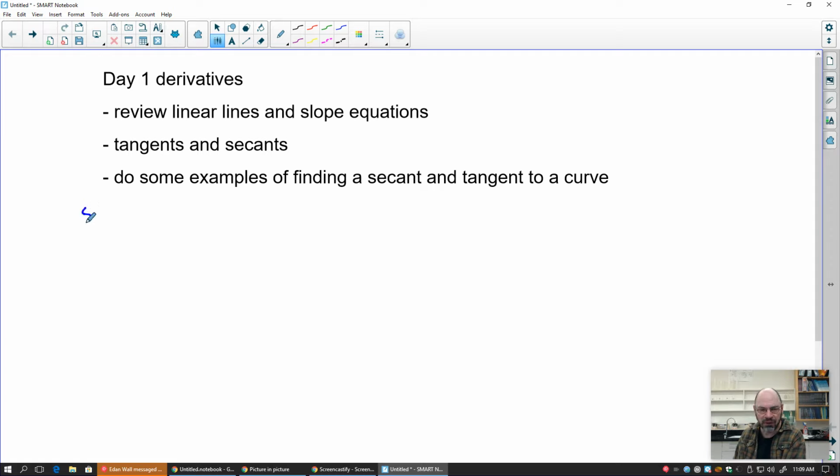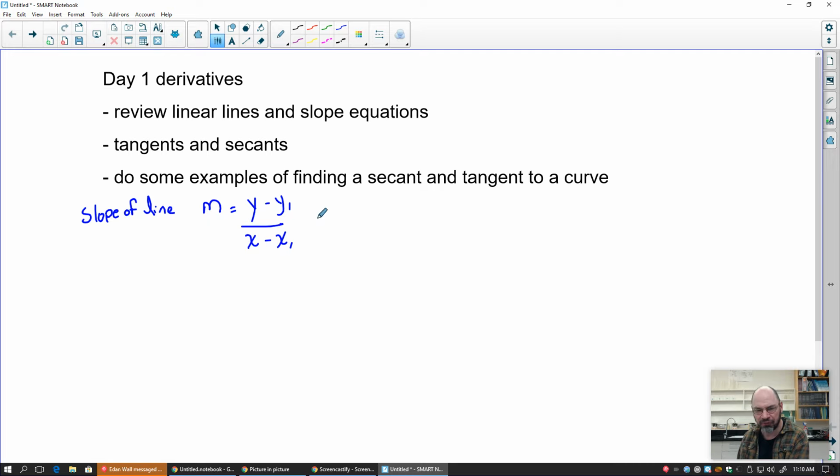Okay, so we'll start off with the slope of a line. If we're doing the slope of a line equation, we have slope equaling m, and it's just y minus y1 over x minus x1. Here y1 and x1 are two points on the line, and m is the slope.